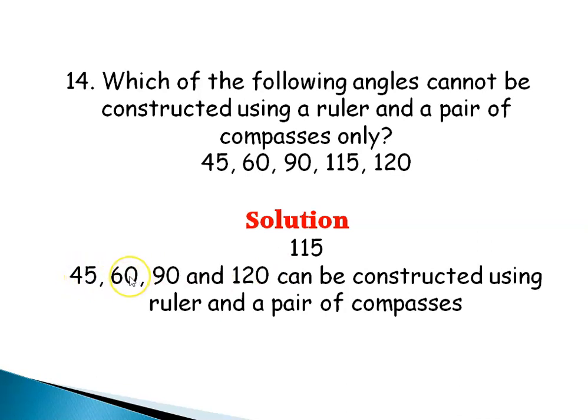Angle 60 can be constructed with your ruler and compass only. Angle 90 can also be constructed with ruler and compass. Same thing with 120, but 115 cannot be constructed using a ruler and compass only. You have to use your protractor for this. Is that okay? Very good.